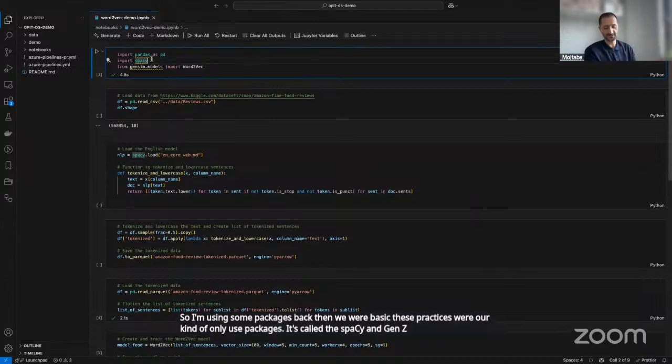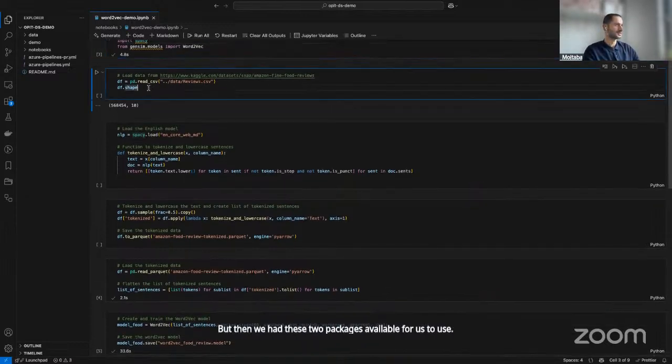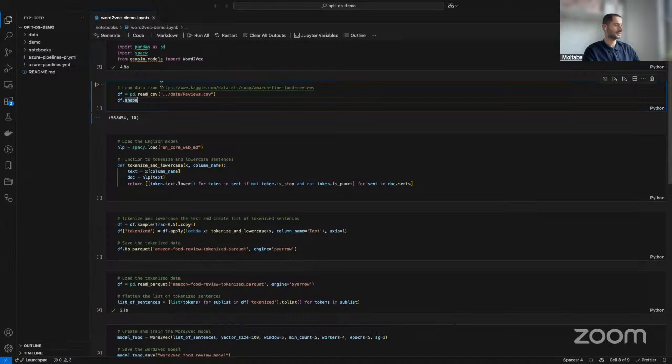They contain many different language models that can do different types of tasks for you. So back then we had these two packages available for us to use. This is a Kaggle data set. I just read it in; the data set is quite large.